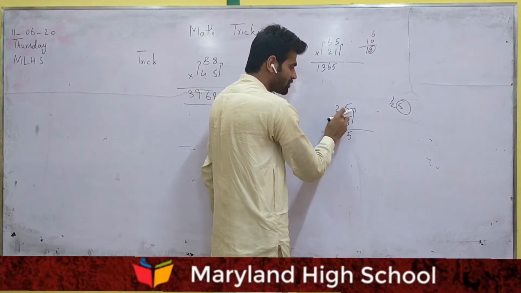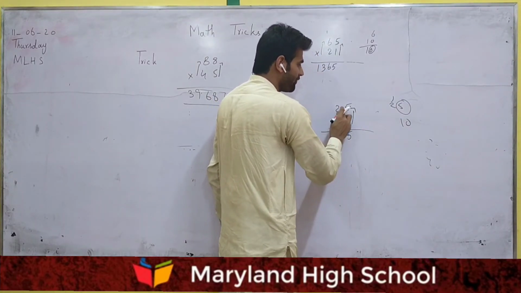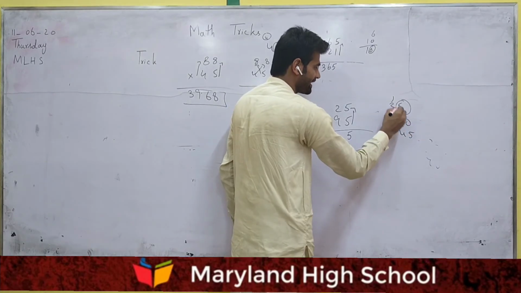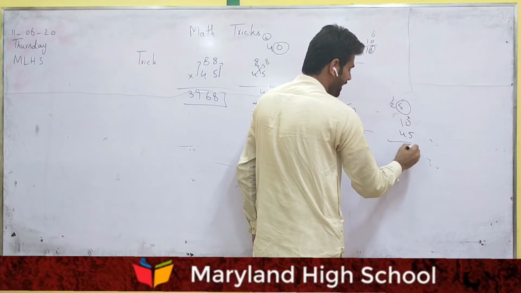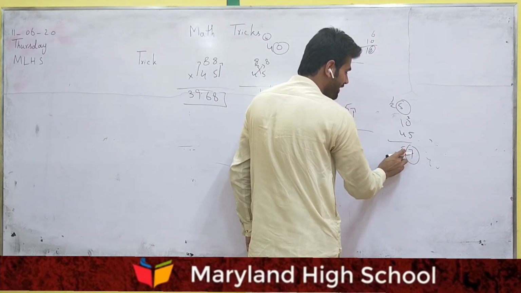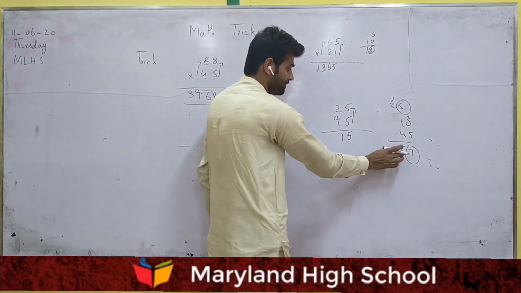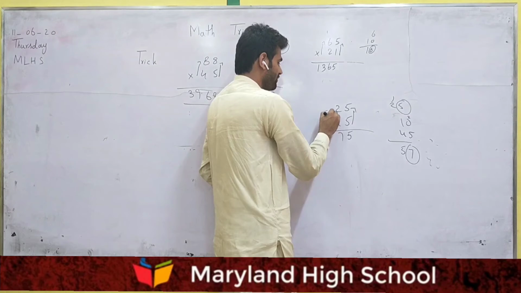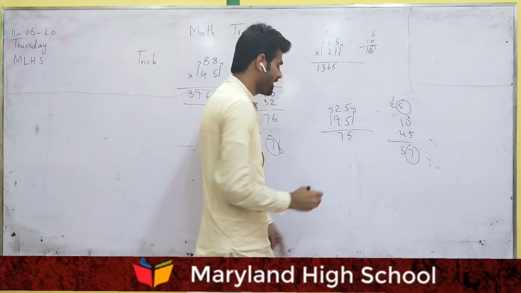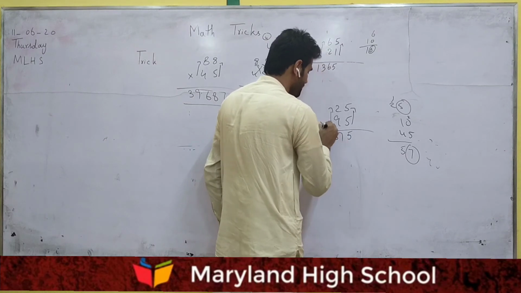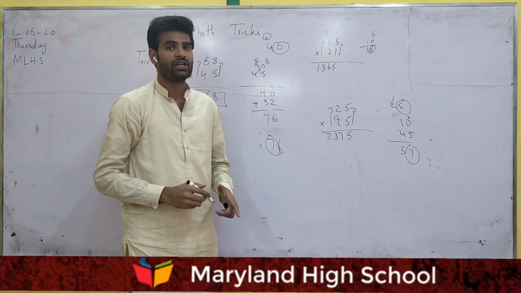Then we cross multiply: 2 fives are 10 and 9 fives are 45. Add and carry 2, 57. Here we write only 7 and take carry 5. Now we multiply the last two digits: 9 twos are 18. 18 plus 5 is 23. That is the multiplication answer of these two.